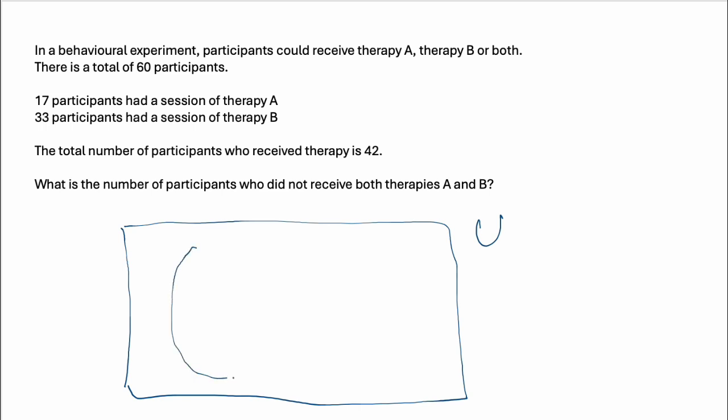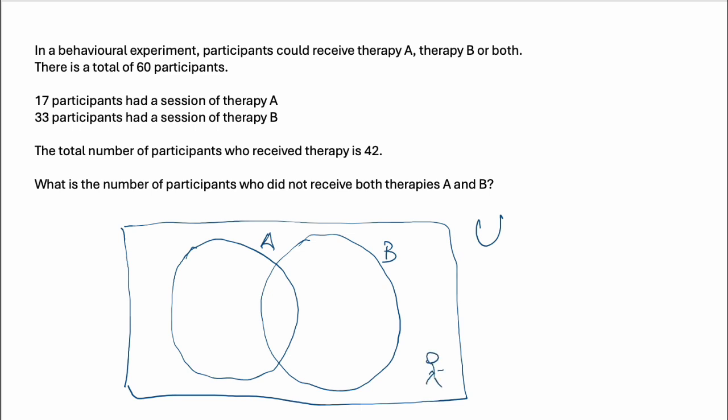There are some people that receive therapy A, and there are some people that receive therapy B. But we know that people can receive A or B, and there are also people that are not eligible to receive any therapy, right? Okay, there are some people that don't receive any therapy.